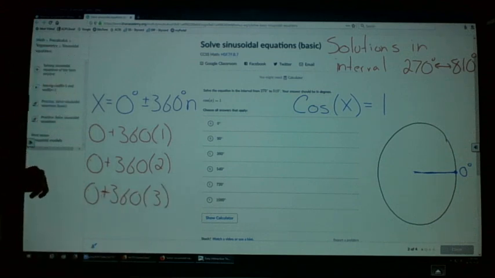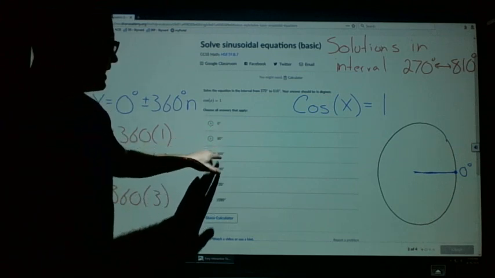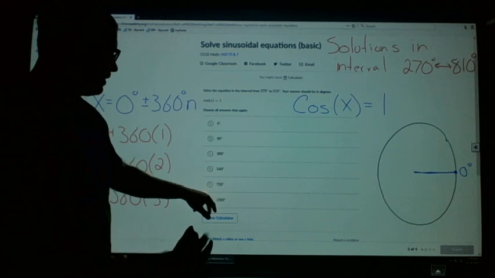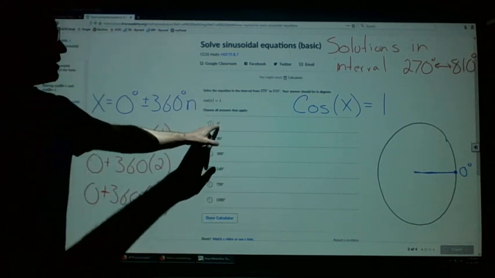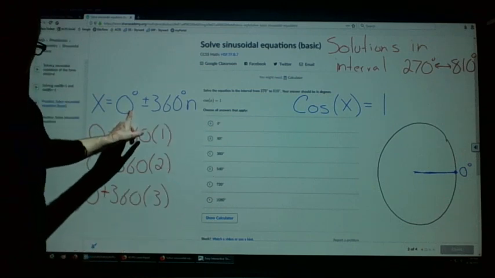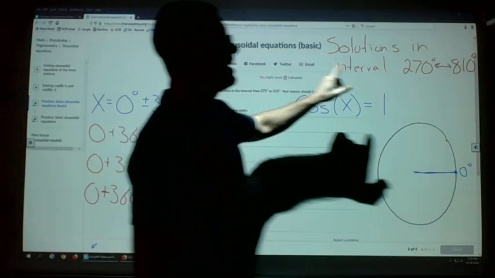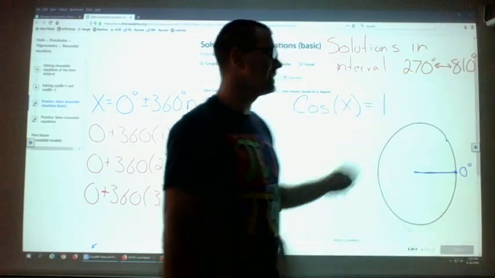So if we look at my answer choices here, 0, 90, 360, 540, 720, 1080. 0 degrees is a solution, but it is not between 270 and 810.